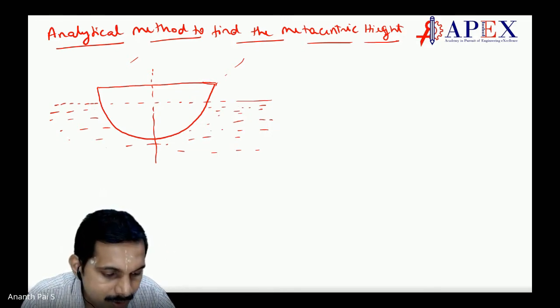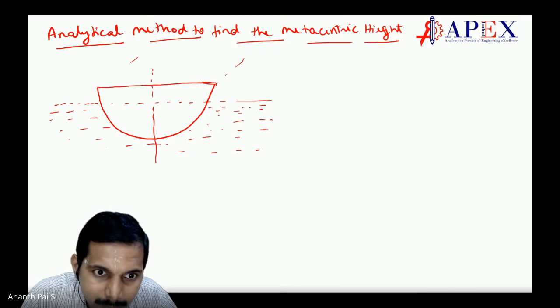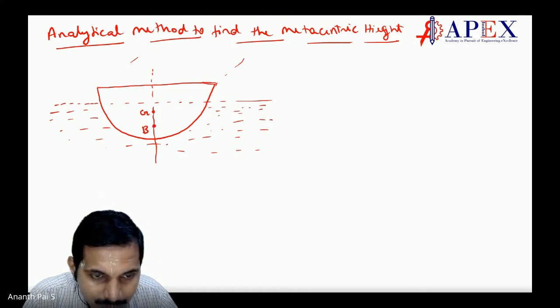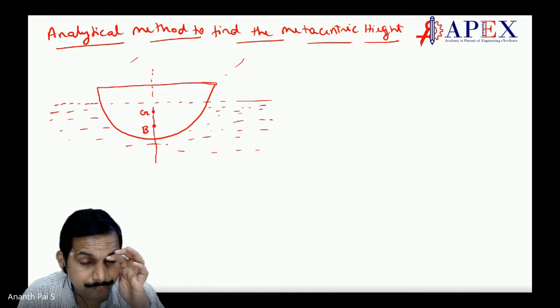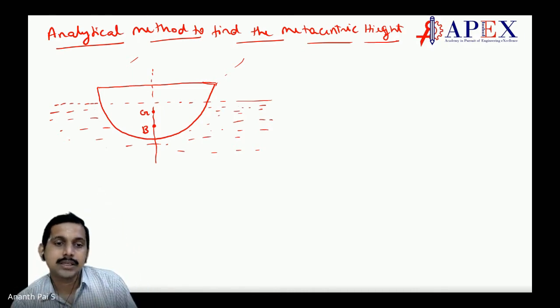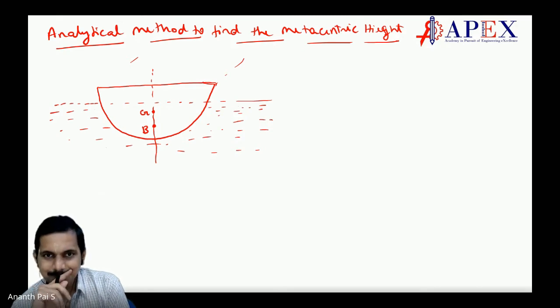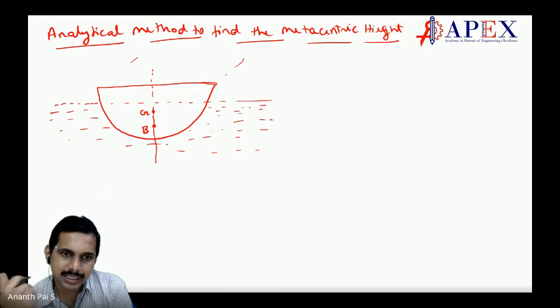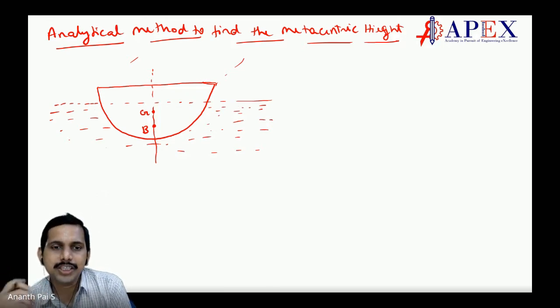Okay. So let us take a point G over here. And then let us take a point B over here. Generally, the center of gravity is above the center of buoyancy. Now the question arises, sir, if G is below B, then what will happen?